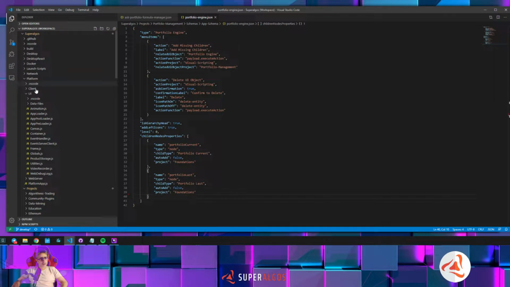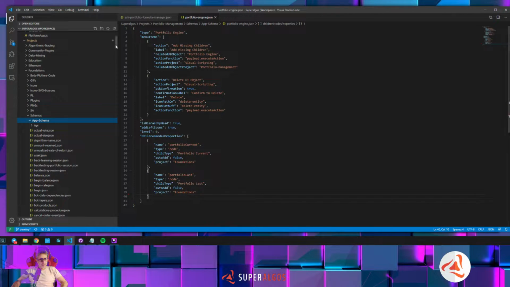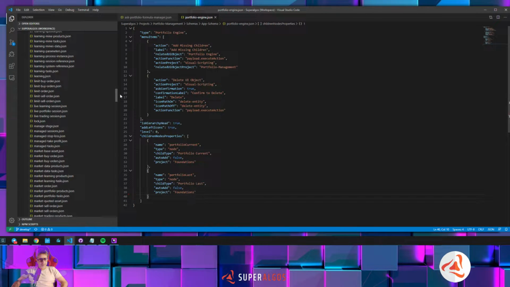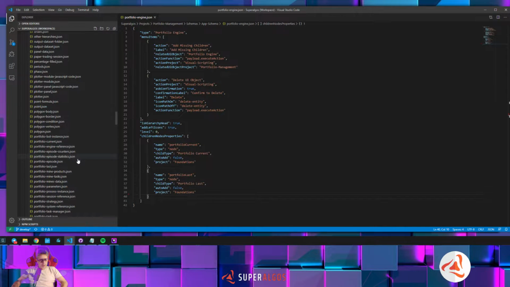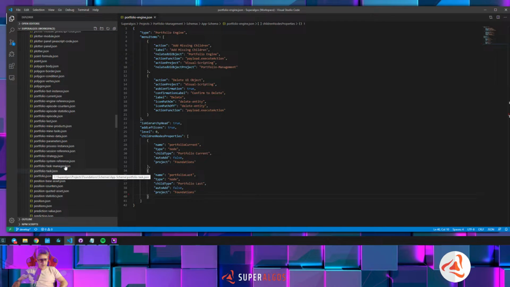It says foundations. Well, there is a lot of stuff in here that shouldn't be here, because we already have a project for portfolio.